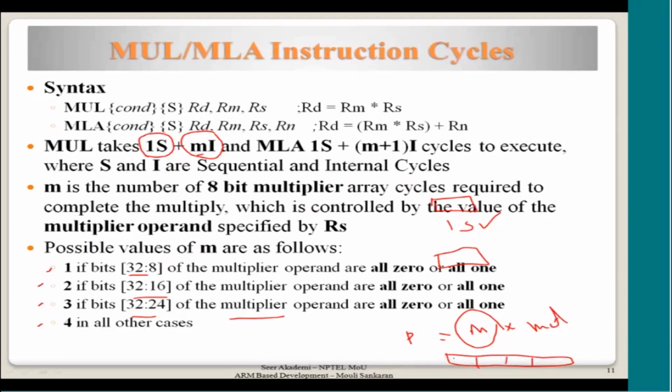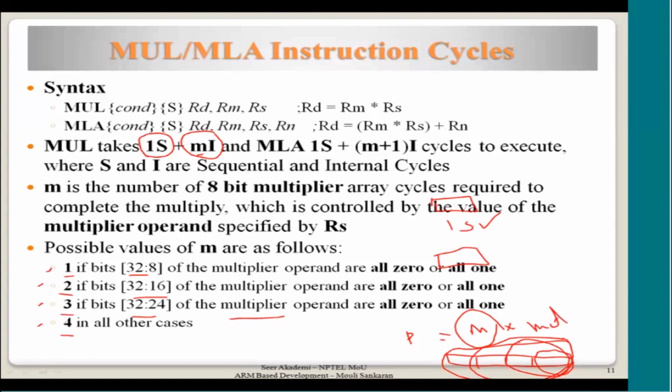Based on whether it has a significant value only in the lower byte or halfword, or it has the least significant 3 bytes or 4, the amount of time it takes will increase.